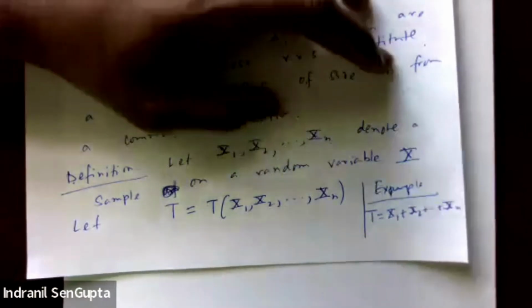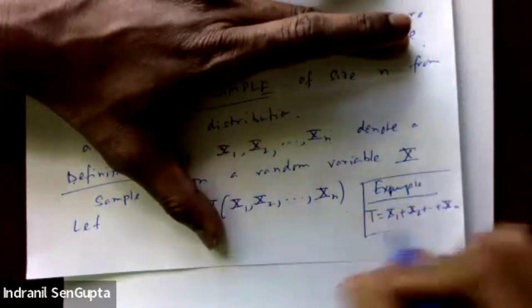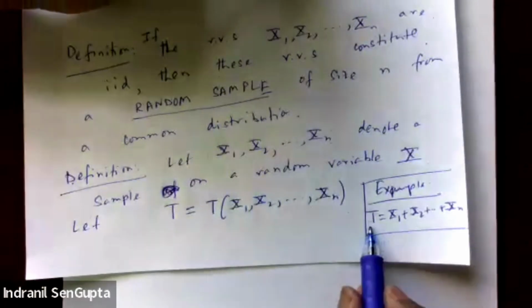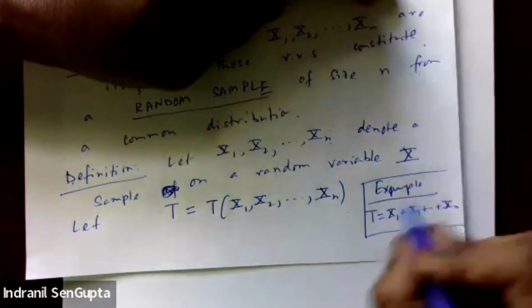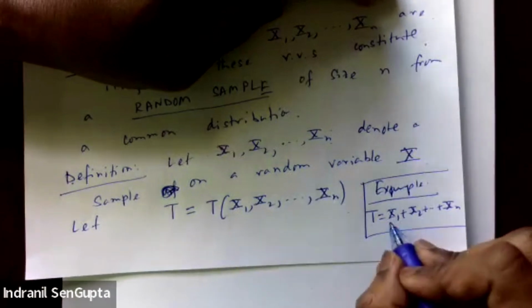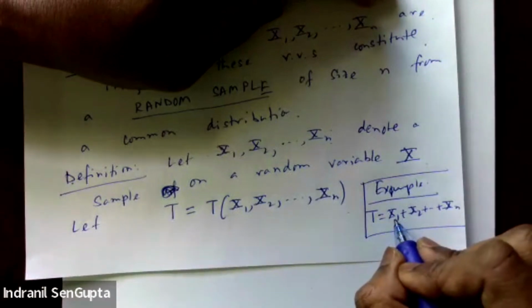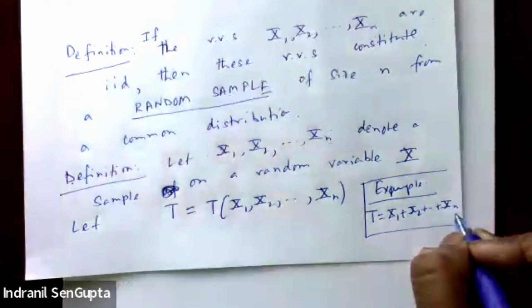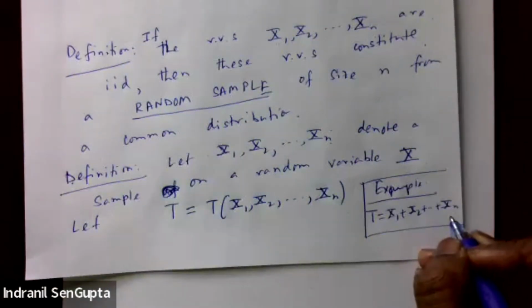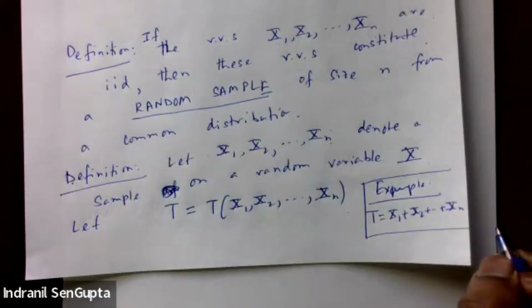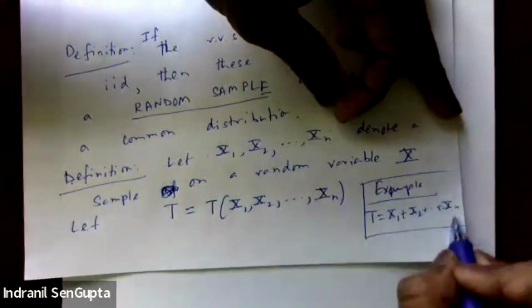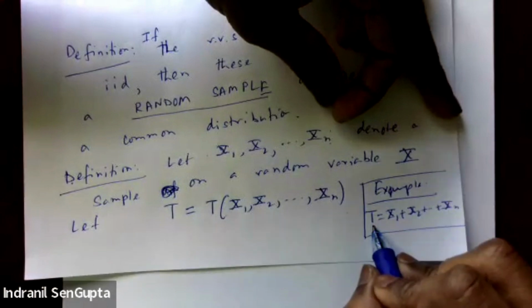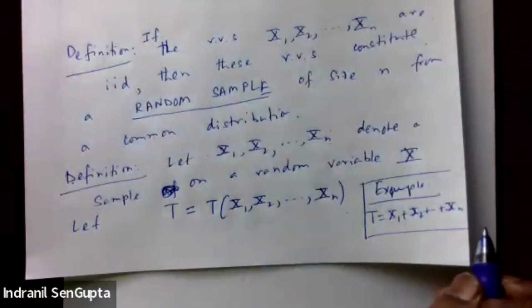Suppose T is the addition of the n numbers. Is this random or deterministic? It's random, because every time I observe n samples, X1 is my first sample, X2 is my second sample. Think about the example of the heights of the students. If we have 10 students and I add their heights, that's the value of T for that sample.